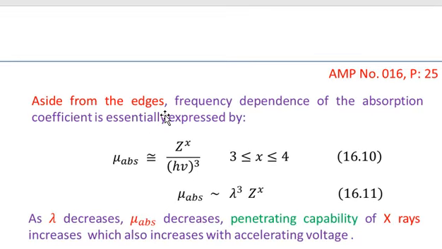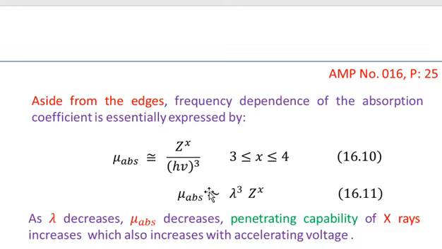Aside from the edges, the frequency dependence of the absorption coefficient is essentially expressed by the following. So you see that we are excluding the region of the edges, then mu absorption can be defined as nearly equal to Z to the power x divided by the cube of h nu, and x ranges from 3 to 4.